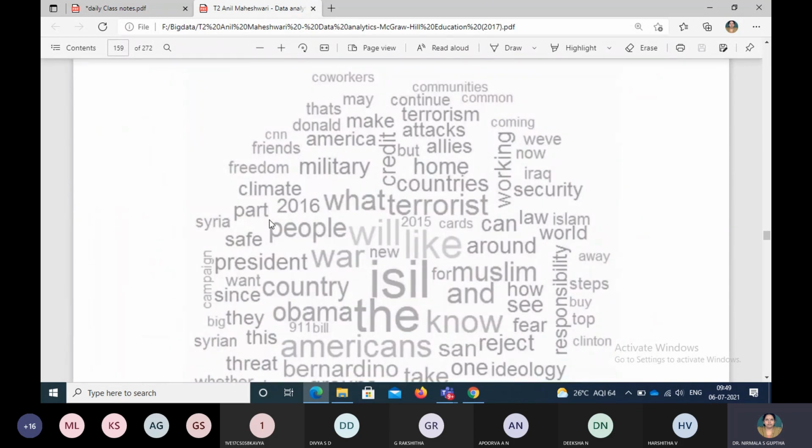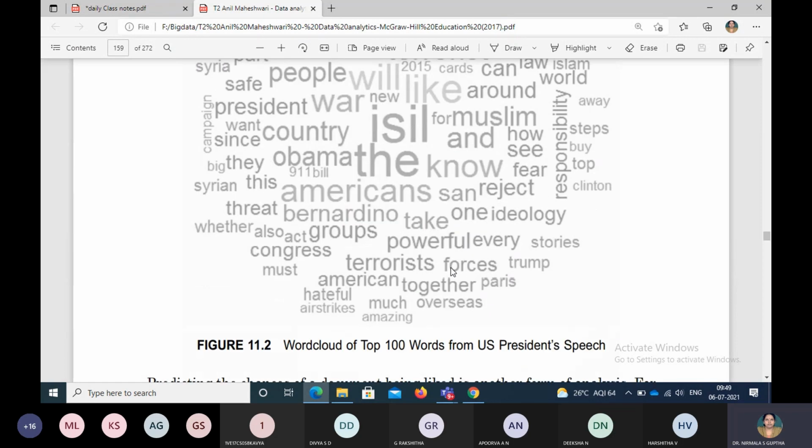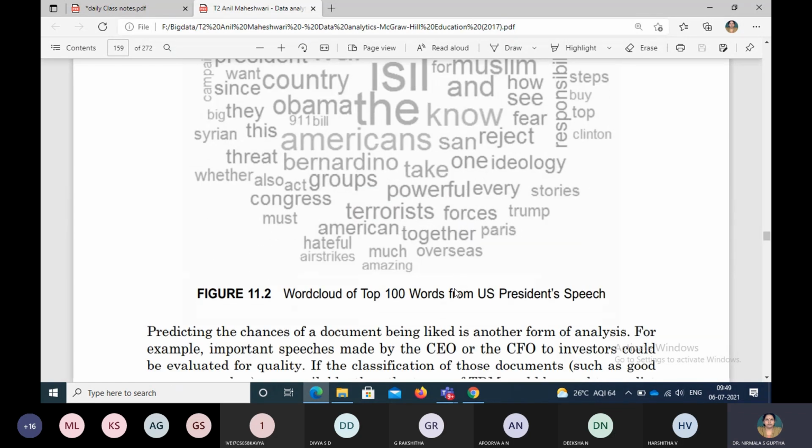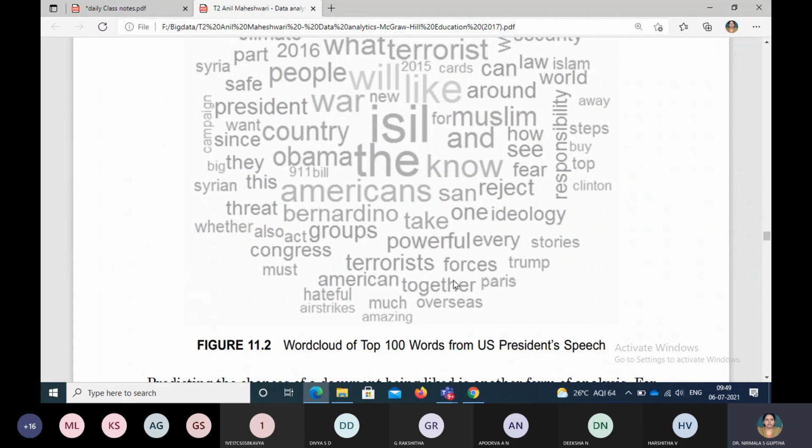See here: what, people, safe, part, climate, military, home, countries, terrorist, Americans, groups, powerful, terrorist forces, something like that. So this is a simple example of a word cloud of the top 100 words from the US President's speech, but we can do our own things also.